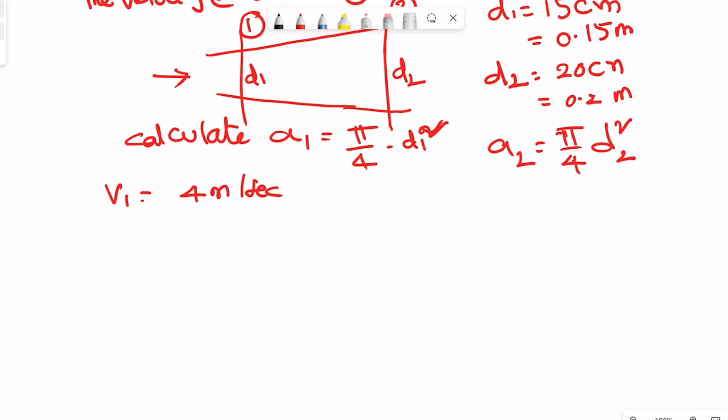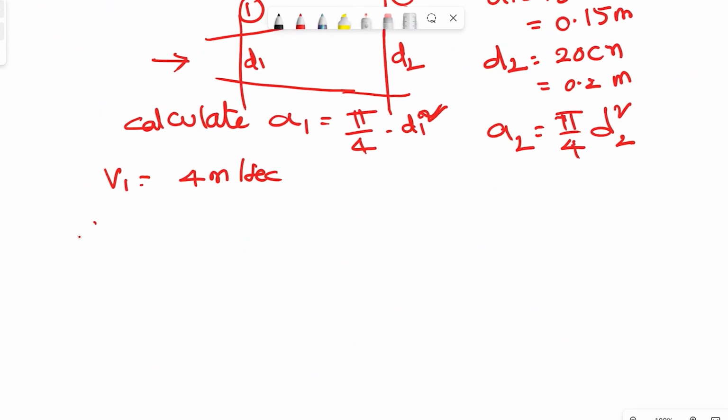So discharge Q is equal to A1 V1. Already A1 is known, that is pi by 4 D1 square, into V1 is 4.